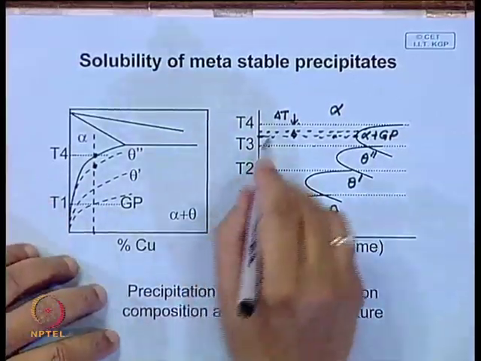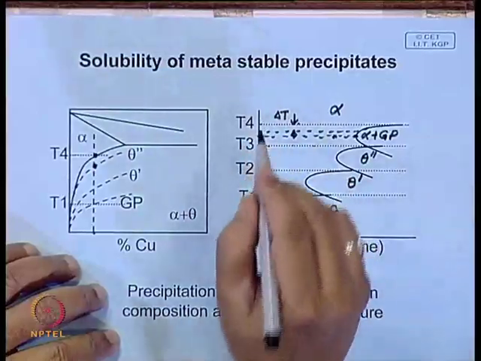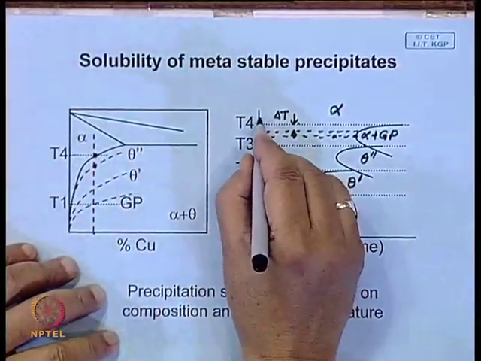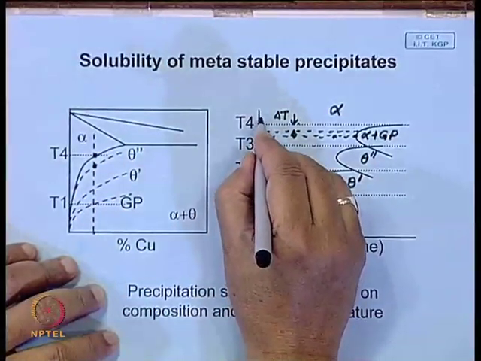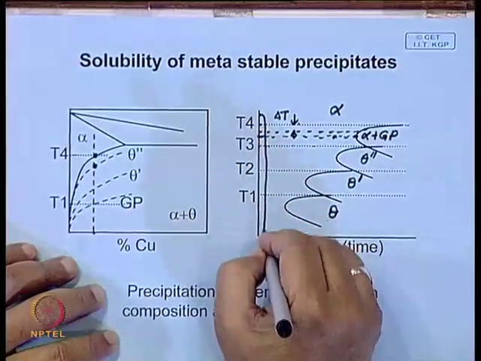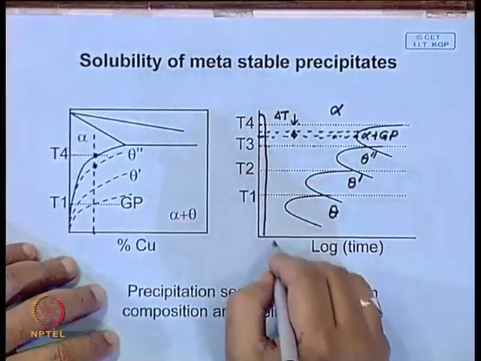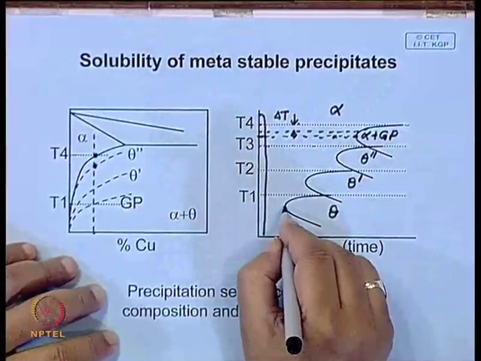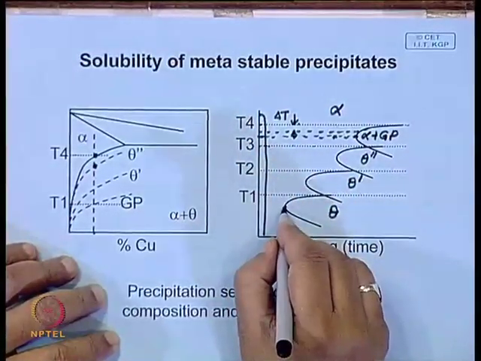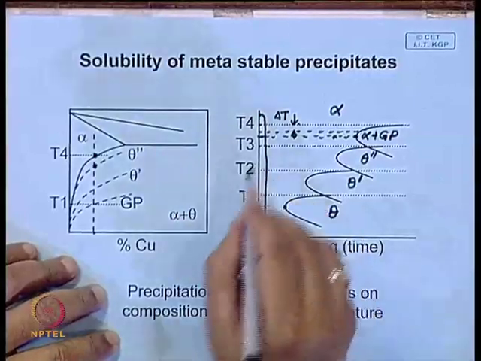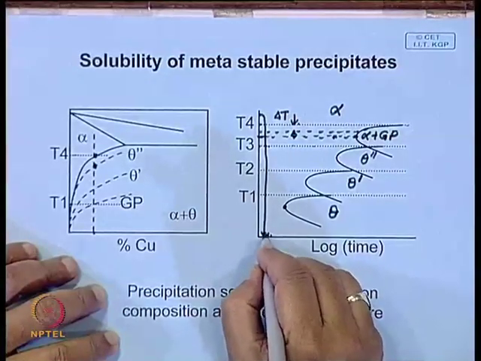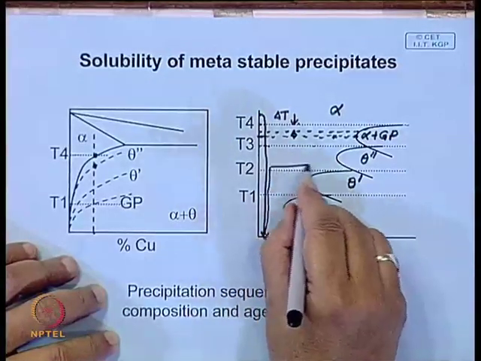That means if you want to give a proper solution hardening treatment, you have to heat it above the solvus, say somewhere here. First you quench. If you quench, you can get a fast rate of cooling, and you must avoid this nose. So the rate of cooling will be faster than this particular point, and after that you will heat it and age it at a particular temperature.